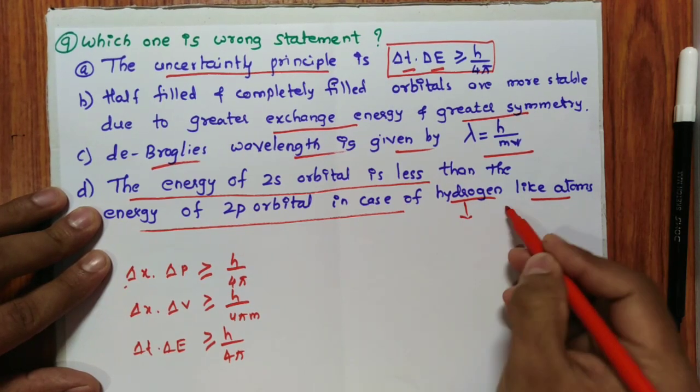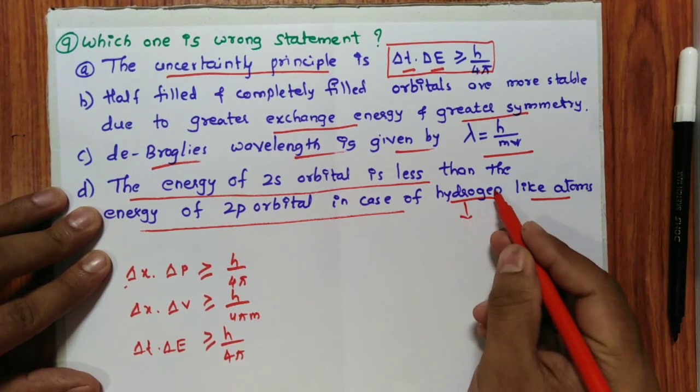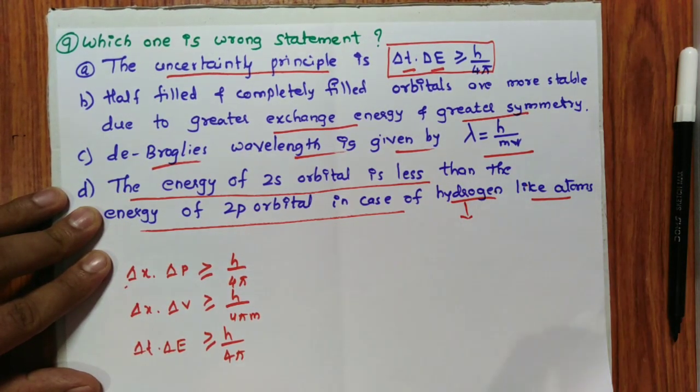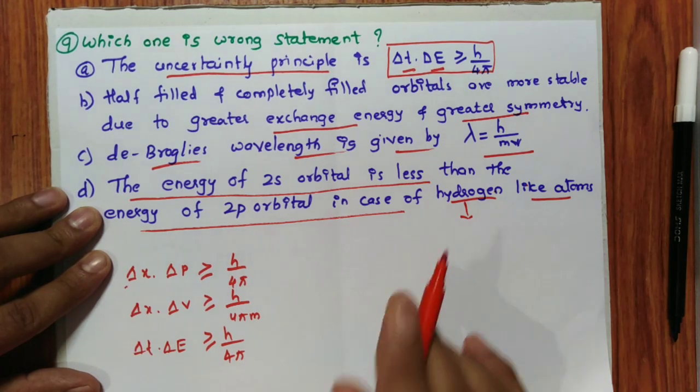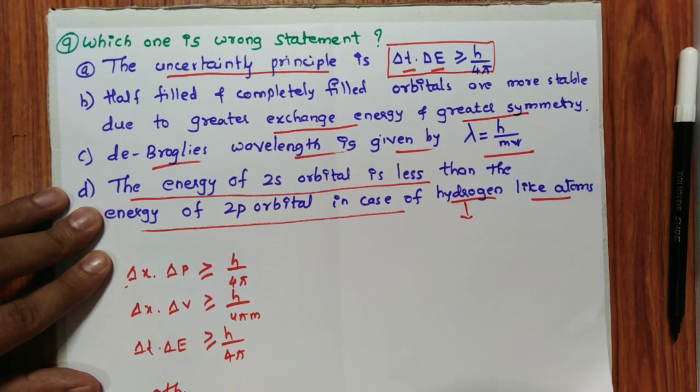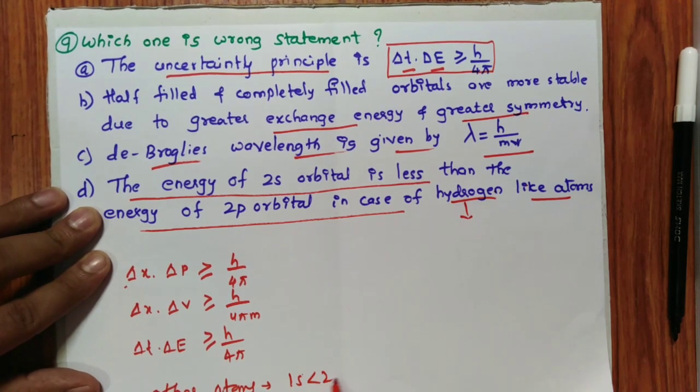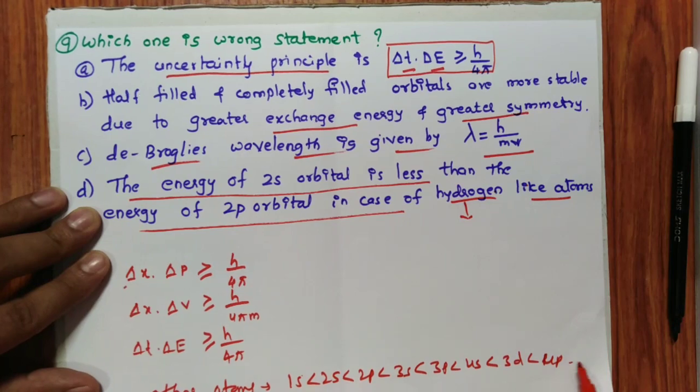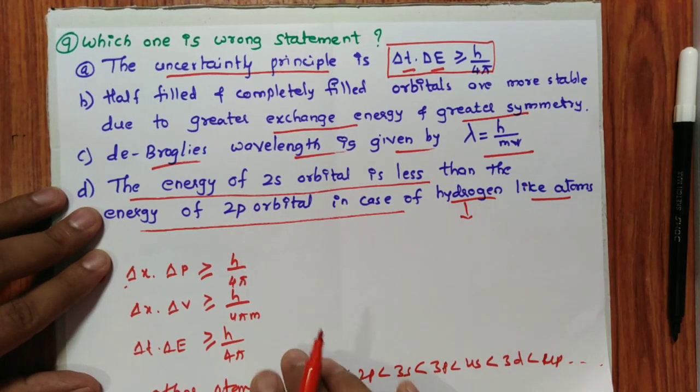So for hydrogen or hydrogen-like species, Aufbau principle is not like other atoms. Remember, for other atoms, what we'll consider? 1s less than 2s less than 2p less than 3s less than 3p less than 4s less than 3d less than 4p, like that it continues according to Aufbau principle.